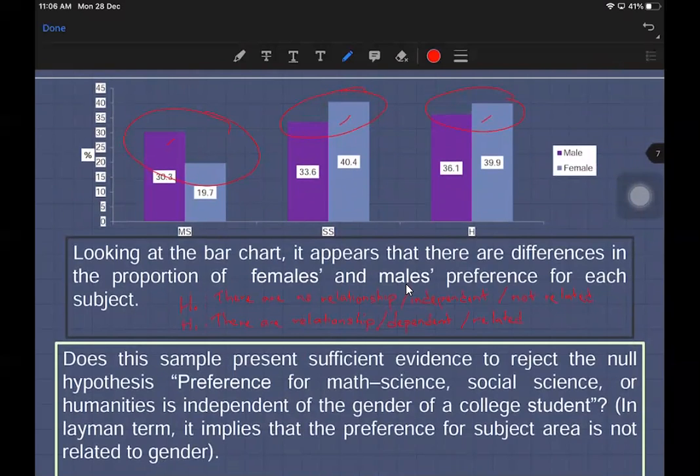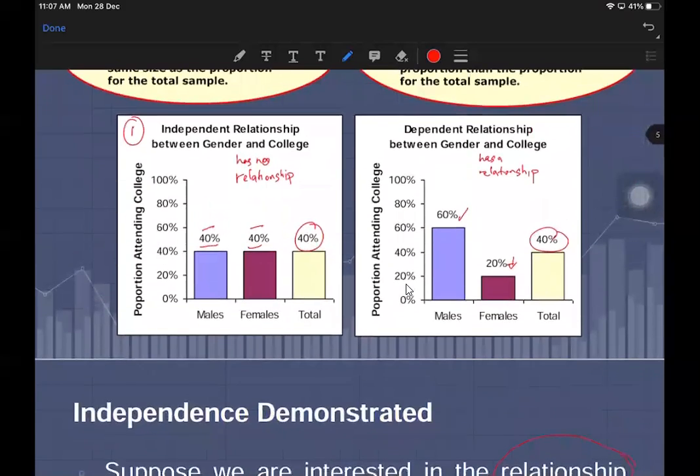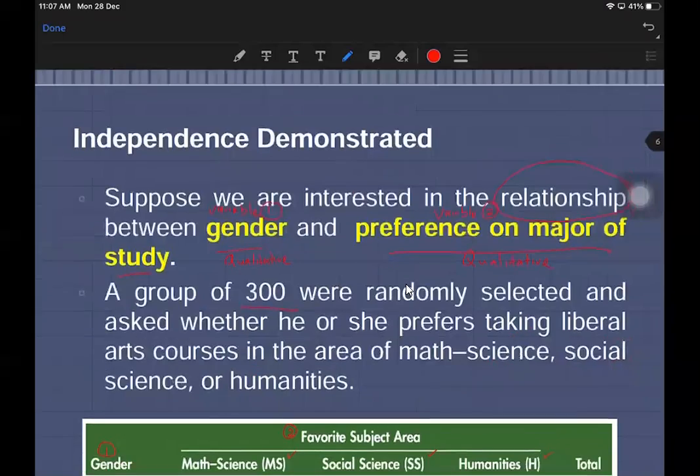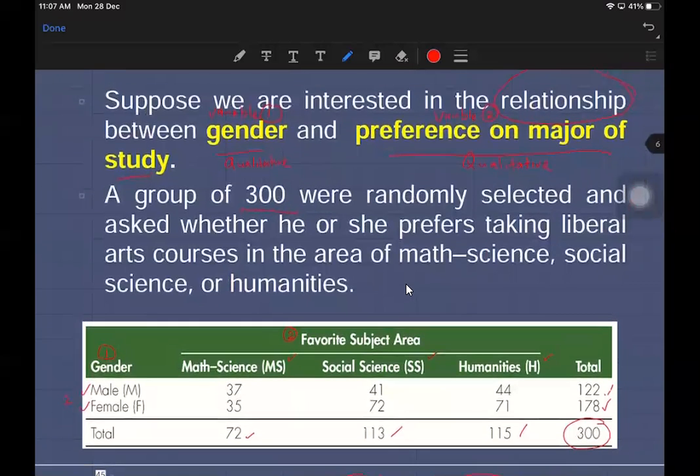There is no relationship, or the two variables are independent, or not related, meaning to say the proportion should be equal. For example, male and female, the proportion should be equal like this. So to look at the proportion, that's why we need to calculate our expected frequency.